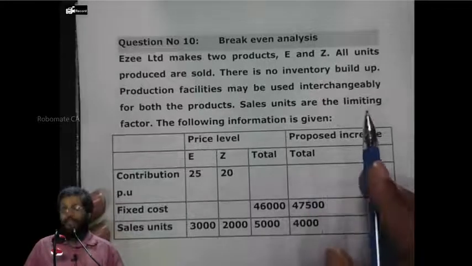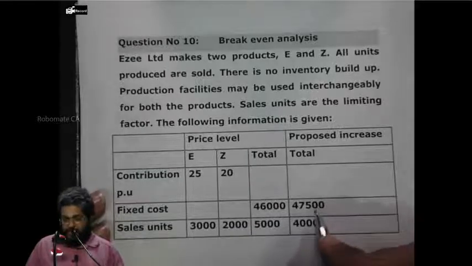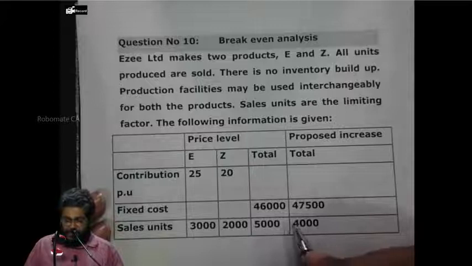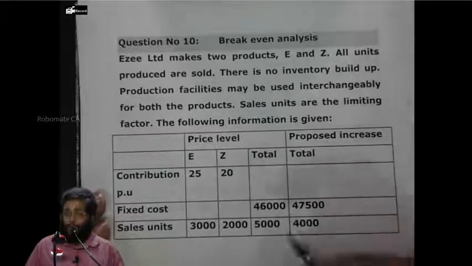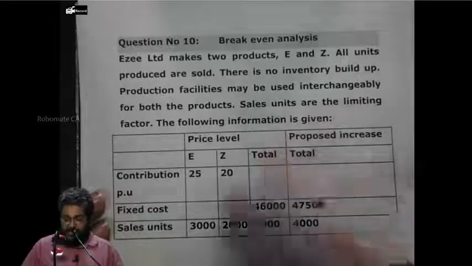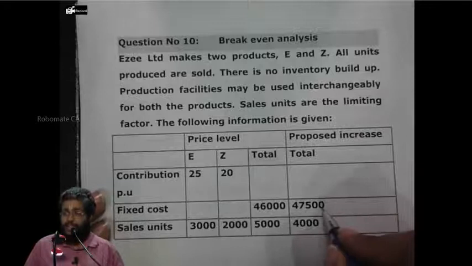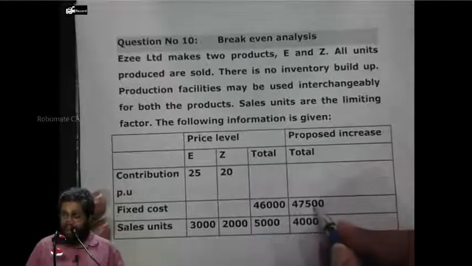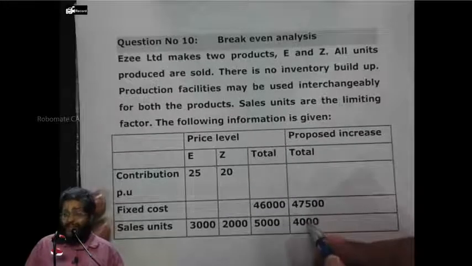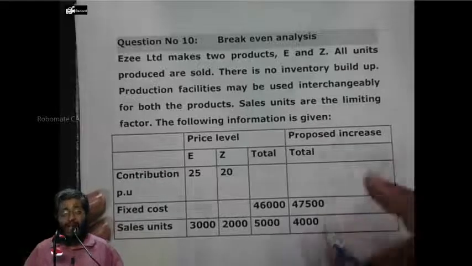Now, the proposed increase raises the fixed cost by 47,500. Sales units can go up by another 4,000. Apart from 5,000, I sell another 4,000 by increasing the capacity, by incurring an additional fixed cost of 47,500. This 47,500 is not the total, it is the increase itself. The current is 46,000, and the new fixed cost is 47,500 more.